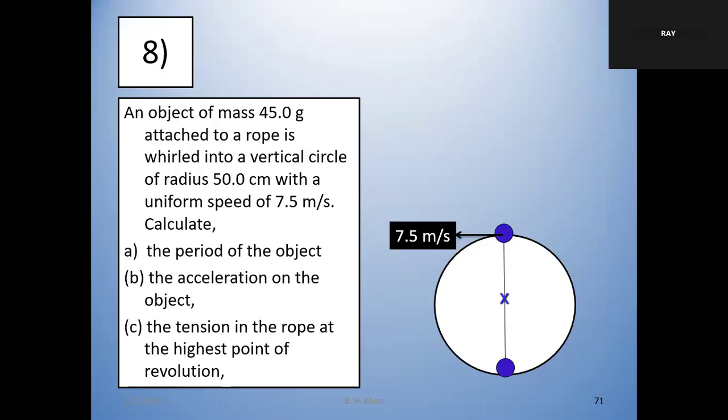Okay, how about this one? An object of mass 45 grams attached to a rope is wheeled in a vertical circle of radius 50 cm with a uniform speed of 7.5 meters per second. What's the period of the object? From radius and speed, convert it to period.